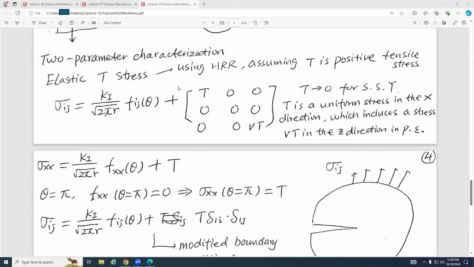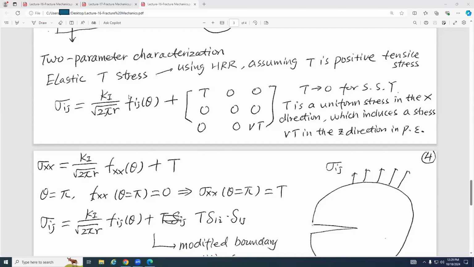So if we look back, small scale yielding can be treated as a special case of large scale yielding. For small scale yielding, we can just treat T equals 0.